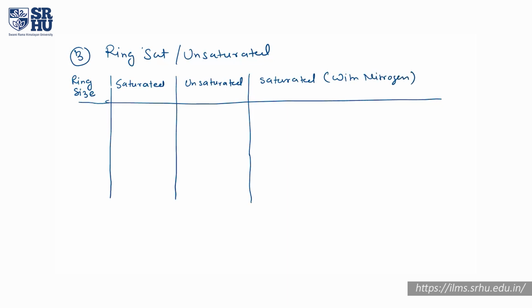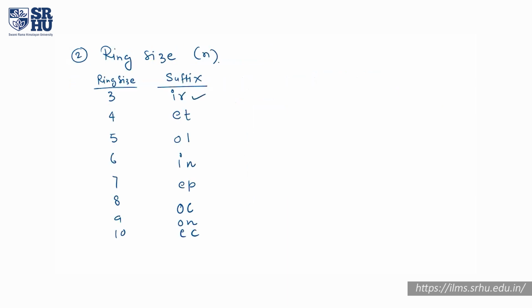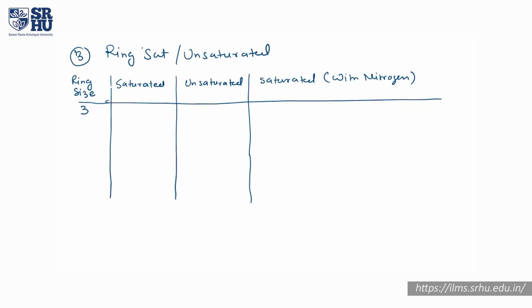Okay. Now let's say the ring size is 3 and it is saturated, and you know that for 3 we have to use the stem IR. If it is saturated you have to use the suffix ane. If it is unsaturated then IR and you have to use ENE.